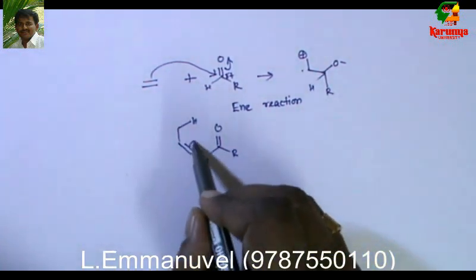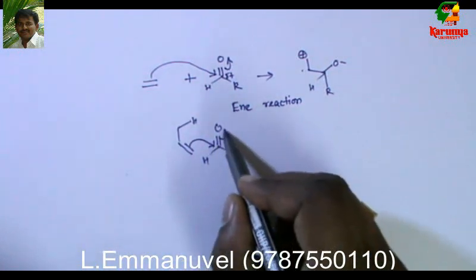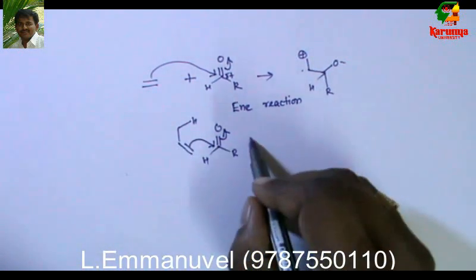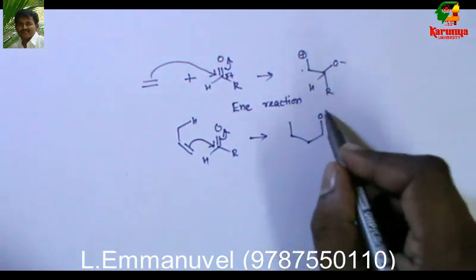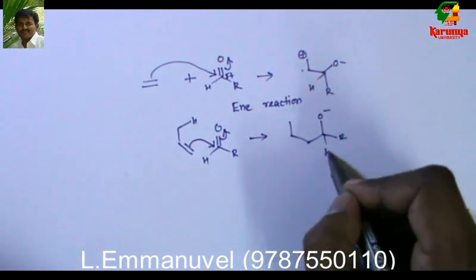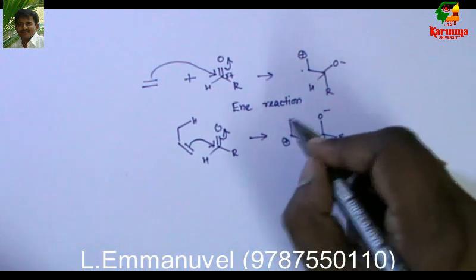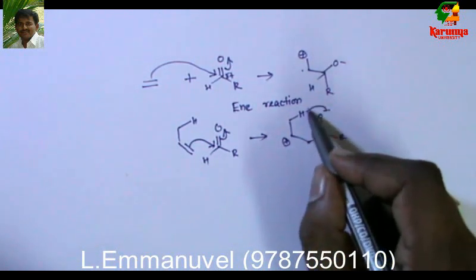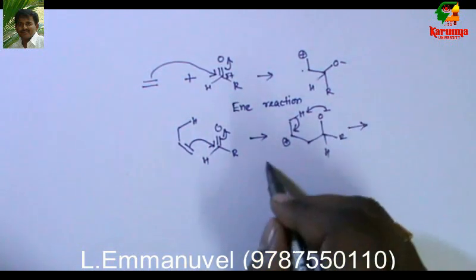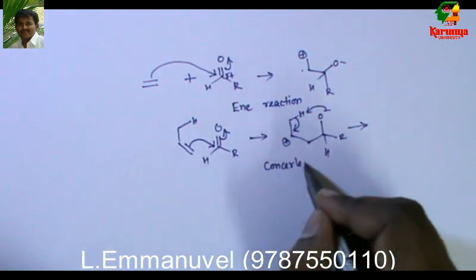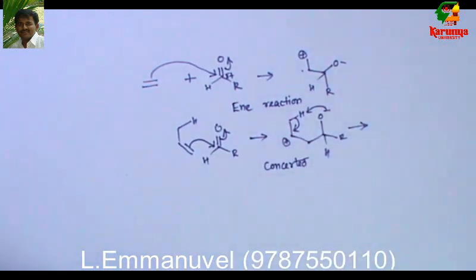So this attacks here and we get a positive charge. The minus charge takes this proton and this bond falls here. So basically it is a concerted mechanism. So it will come under pericyclic reaction since it proceeds through a cyclic transition state and it is a concerted mechanism.